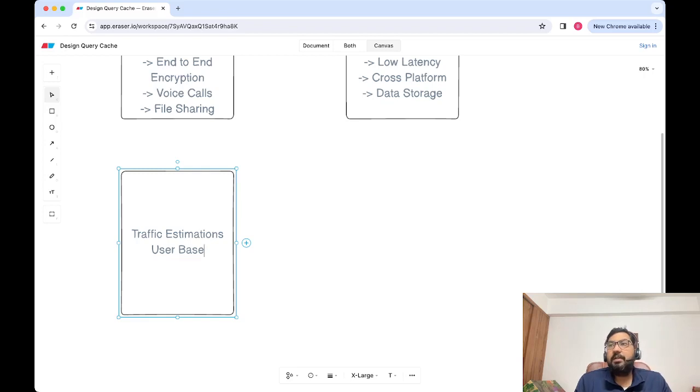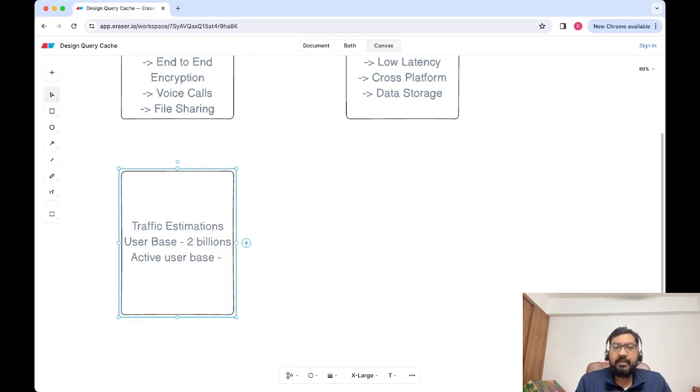Currently, WhatsApp has over 2 billion users. So we are talking about 2 billion users globally. Now if we are considering users, we also need to consider the active user base, meaning at one particular time, how many users are active.